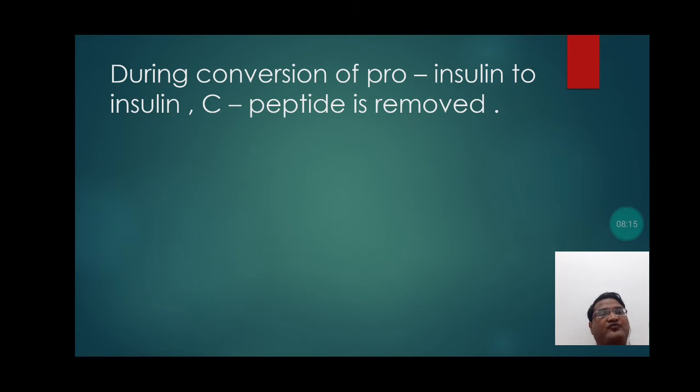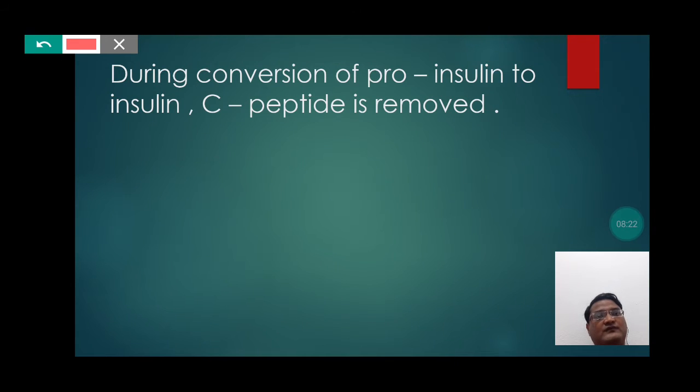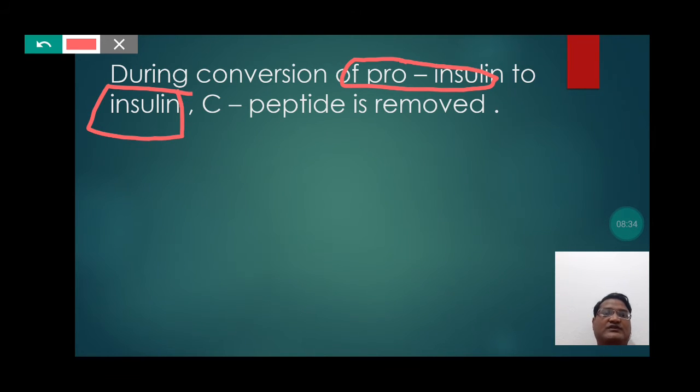During conversion of proinsulin to insulin, C peptide is removed. So students, to convert the proinsulin, which is the inactive form, to the insulin, which is the active form, the C peptide is removed.